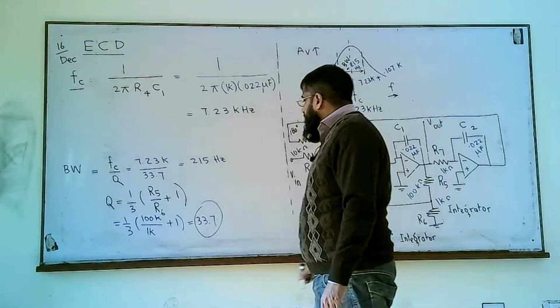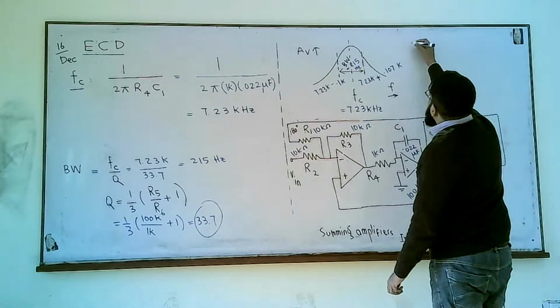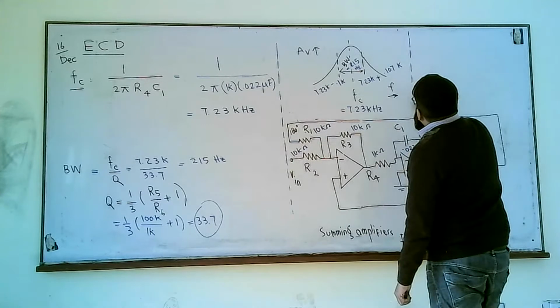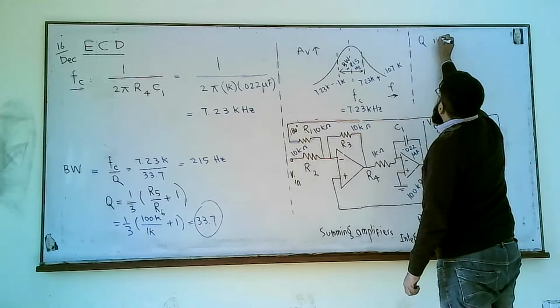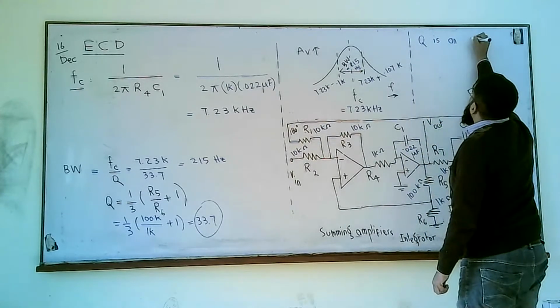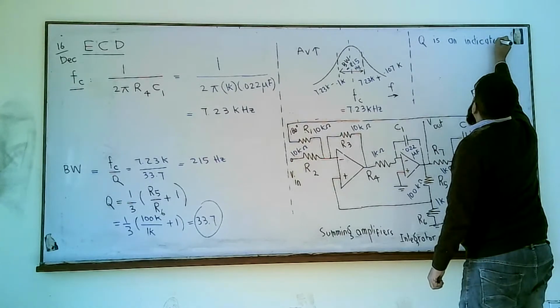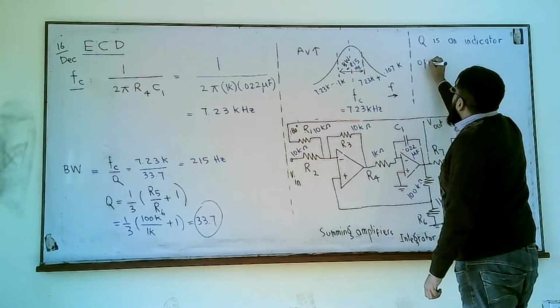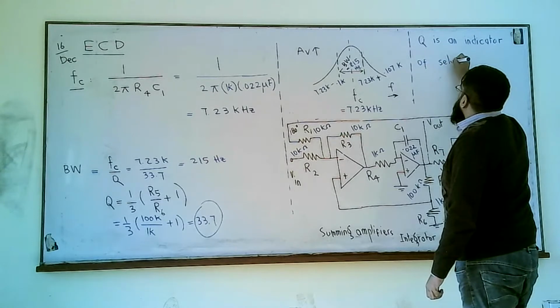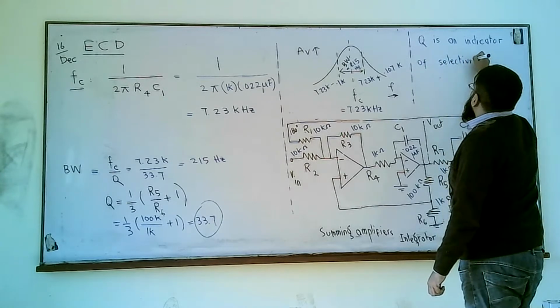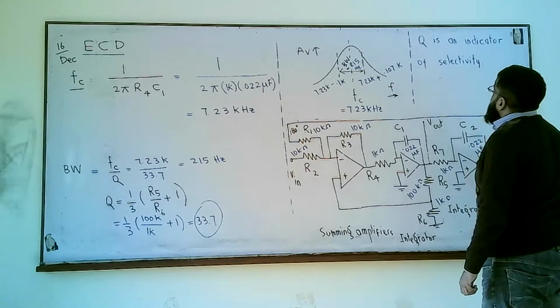It's large. So Q is an indicator of selectivity. We already know this. How selective is your filter? Higher Q means it's highly selective.